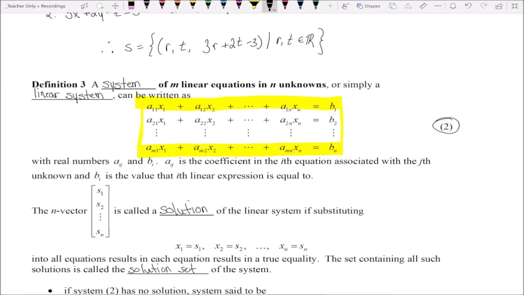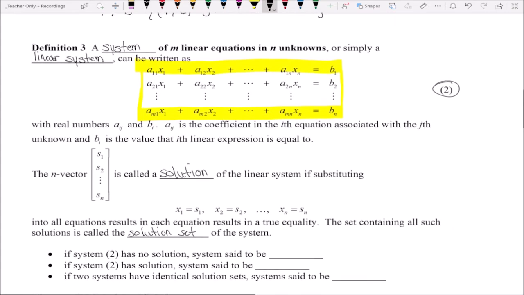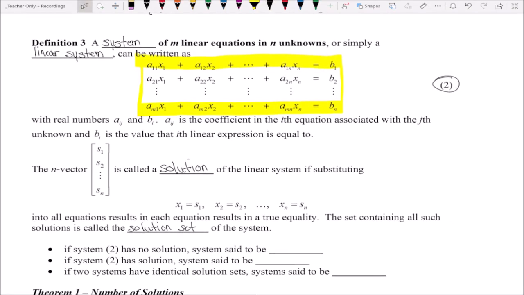And again, 3 possibilities. You could have the solution set being empty, meaning there is no solution to the system. You could have a single solution to the system, or you could have an infinite number of solutions to the system. Now, if system 2 has no solution, the system is said to be inconsistent.